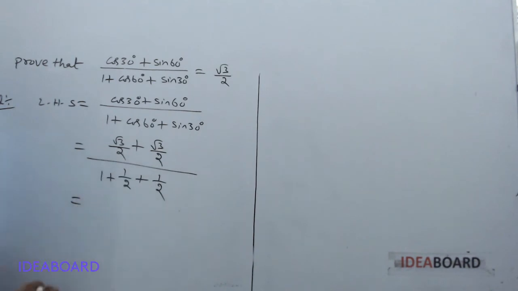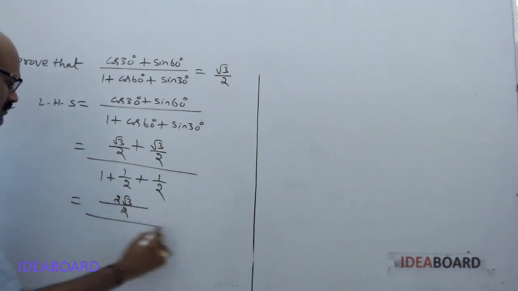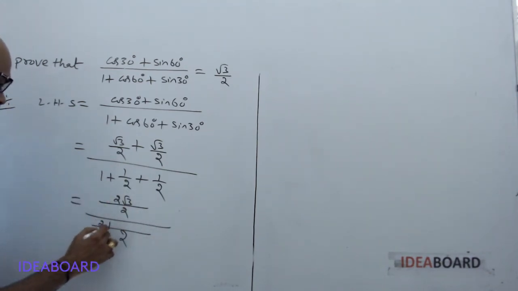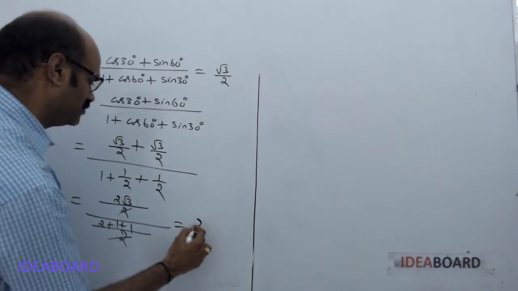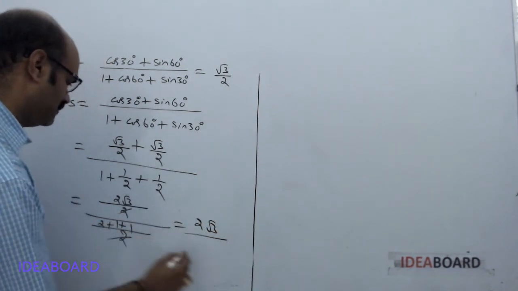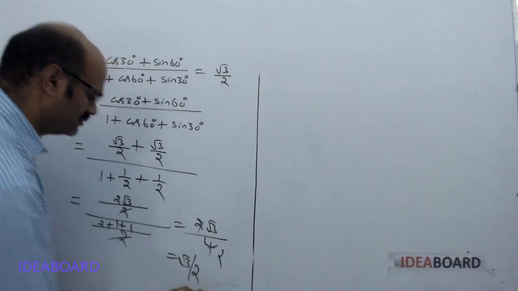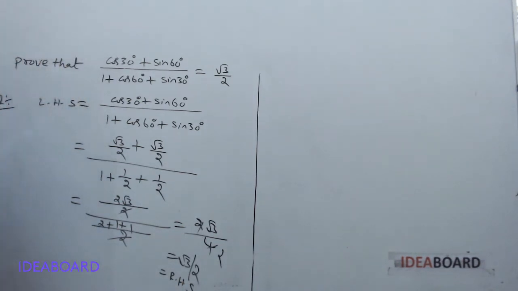Now root 3 by 2 we are having 2 times, so take LCM 2: 2 root 3 by 2, over 2 plus 1 plus 1 by 2, the 2 cancel, so 2 root 3 by 4, which equals root 3 by 2, which is equal to RHS. Hence proved.